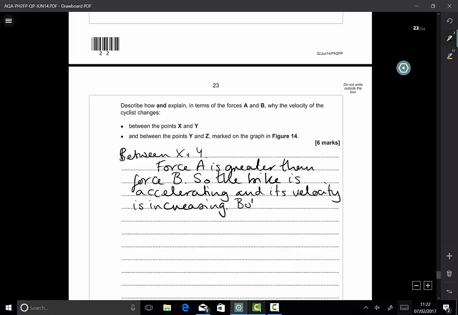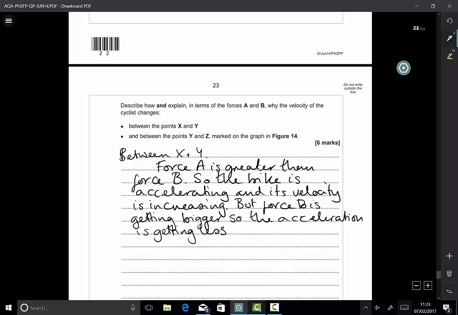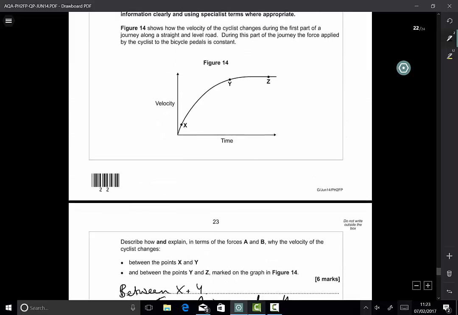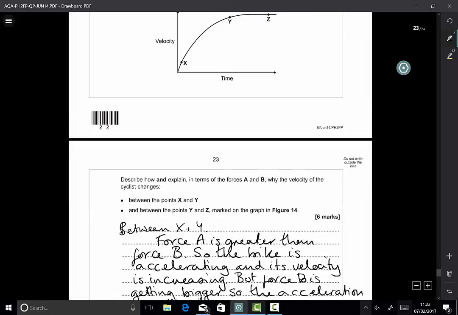But force B is getting bigger, so the acceleration is getting less. And I know that because the graph is getting less steep as we go along.